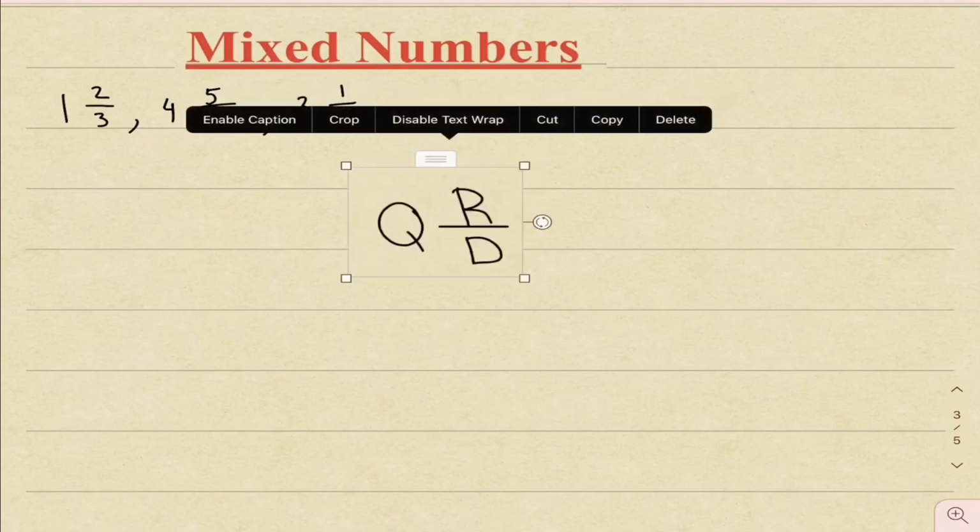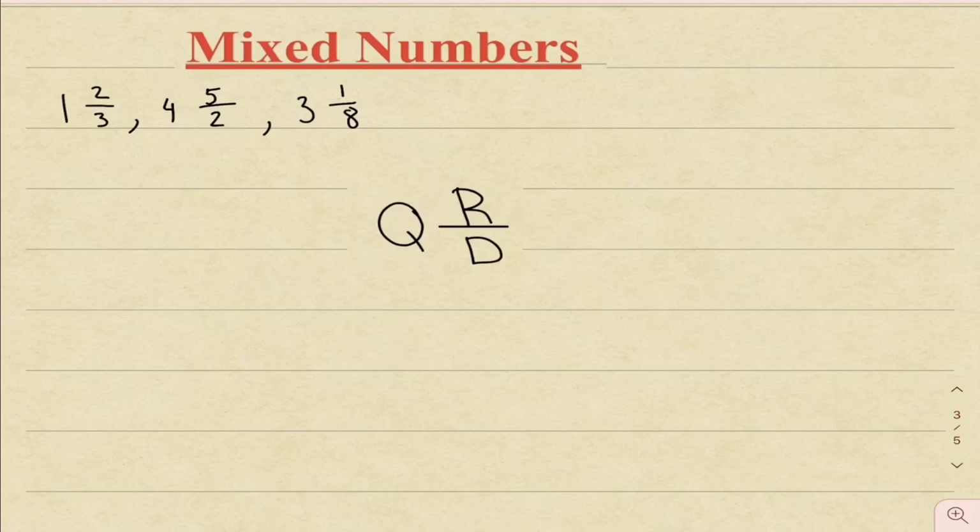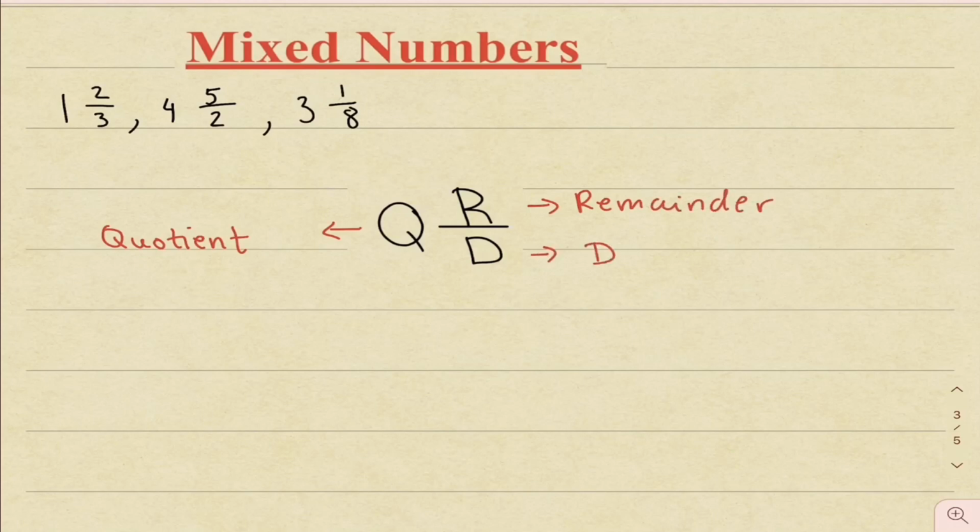This is how a mixed number looks, where Q is called the quotient, R is the remainder, and D is the divisor. Let me take this 1 2/3.